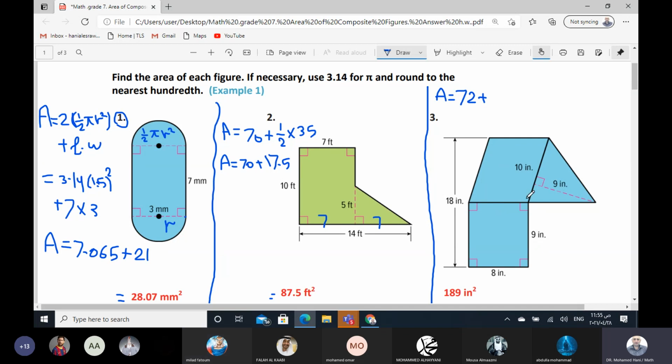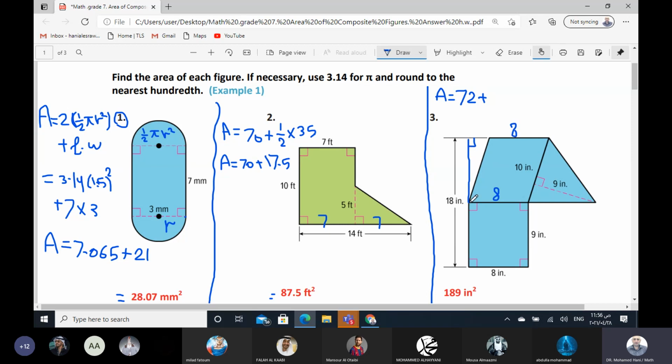Here we have 10 and we have here 8. Where is the height? The height is from here to the opposite side. This 10 means this is the base.